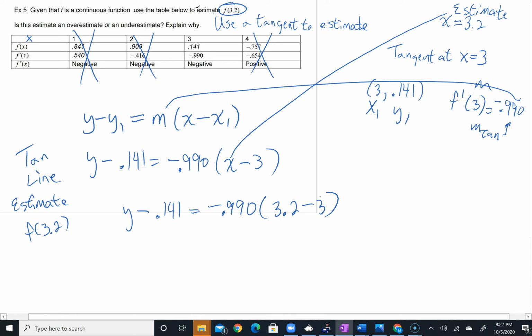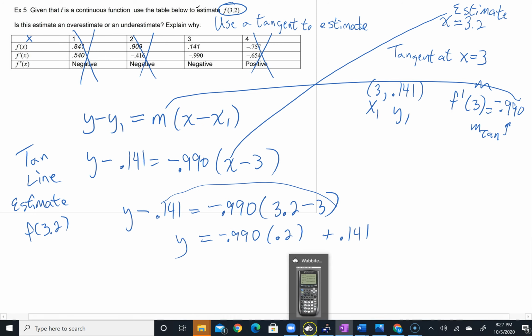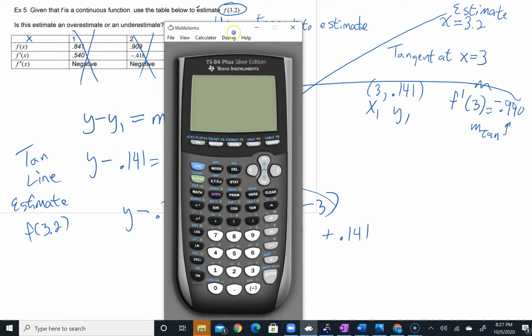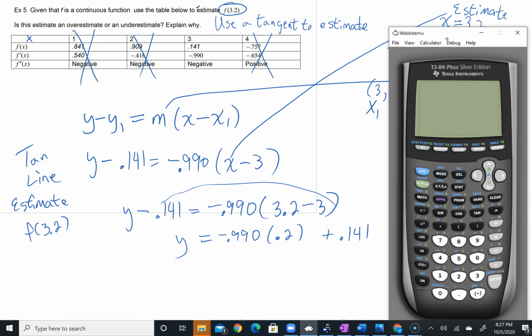Obviously, 3.2 minus 3, well, we're going to get an answer real quickly of 0.2, right? And we can actually add that 0.141 over. So at this point, let's just get our calculator out and let it do some number crunching.